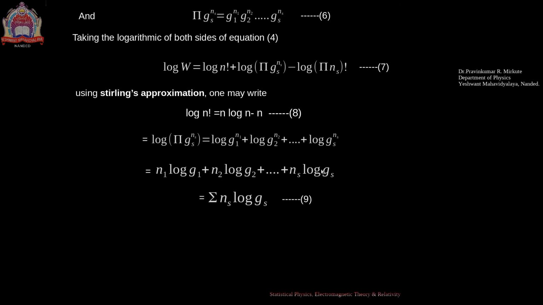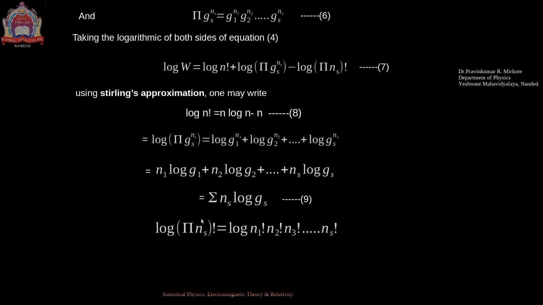So we take the summation of Ns log gs. Here Ns is the number of particles in the corresponding cell, and gs is the a priori probability for that cell. Then we take the log of the product of Ns factorial, which is log of N1 factorial, N2 factorial, N3 factorial up to NS factorial.